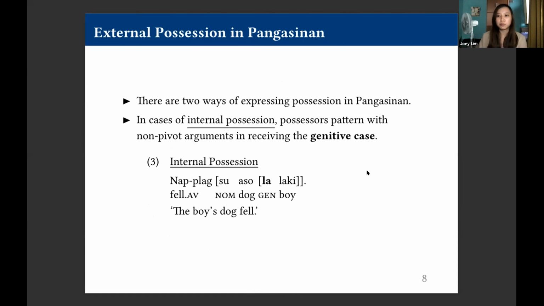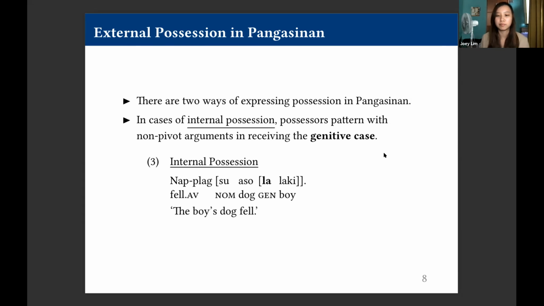Regarding this non-specificity of internal possession, usually in Philippine type languages, when we have the voice system, the internal arguments which are marked genitive are typically non-specific. So this might be parallel to how internal possessors are non-specific because they are internal, and not like agents.